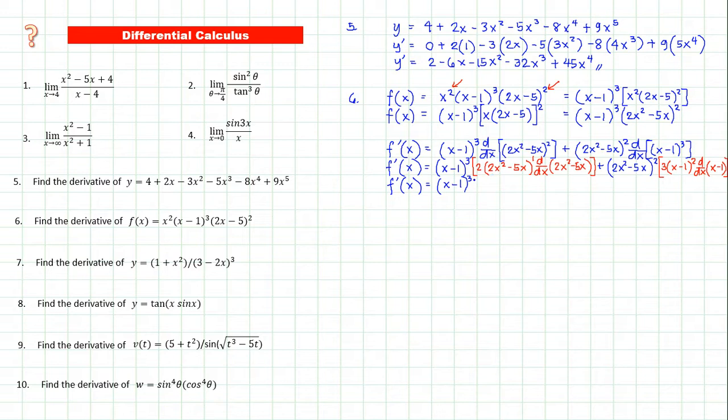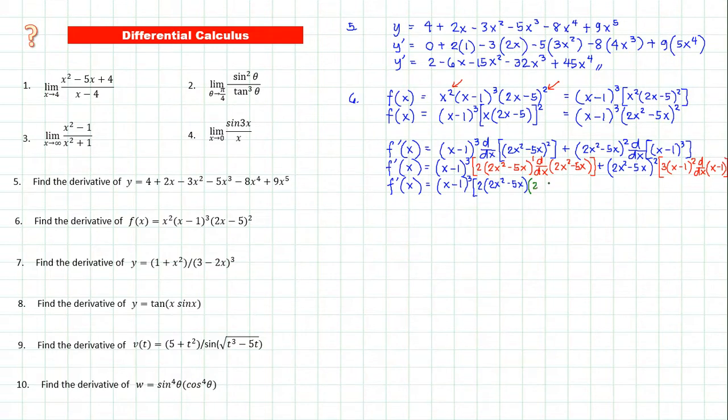So, kopyahin ko lang muna to guys. We have 2 times (2x squared minus 5x). Tapos ito, isa-solve natin. Ano ang derivative ng 2x squared minus 5x? Ang sagot natin dyan, syempre, multiply natin. So, 2 times 2x, magiging 4x siya.